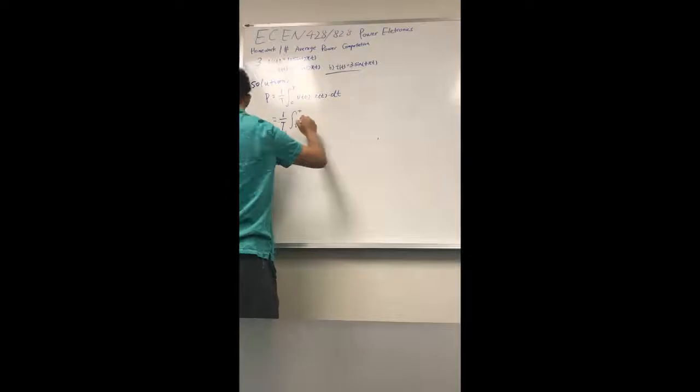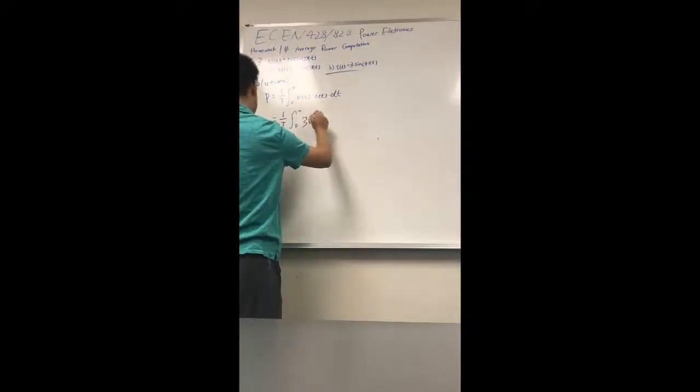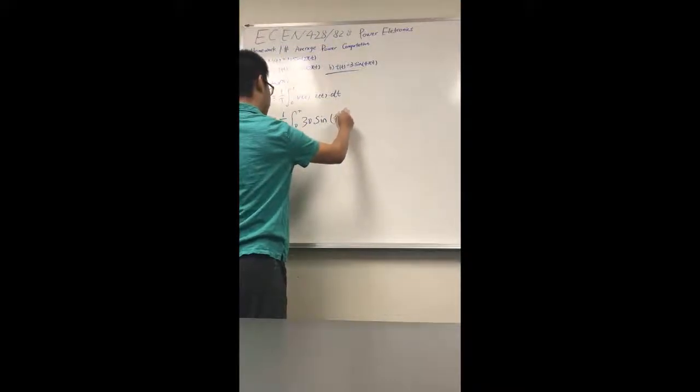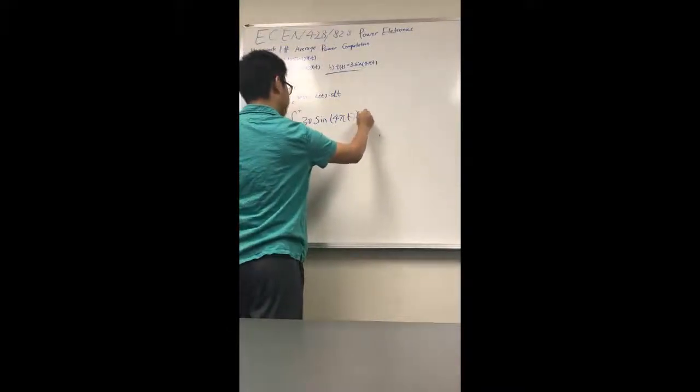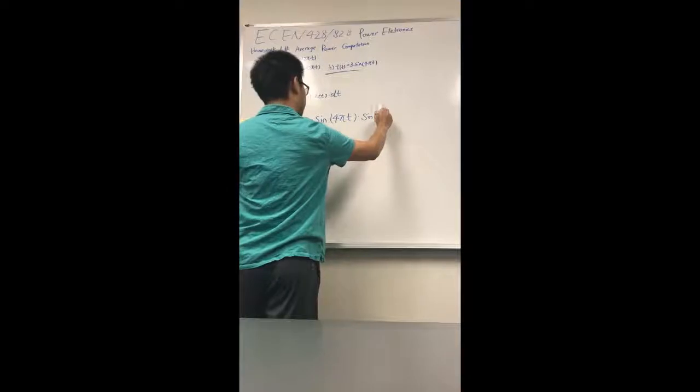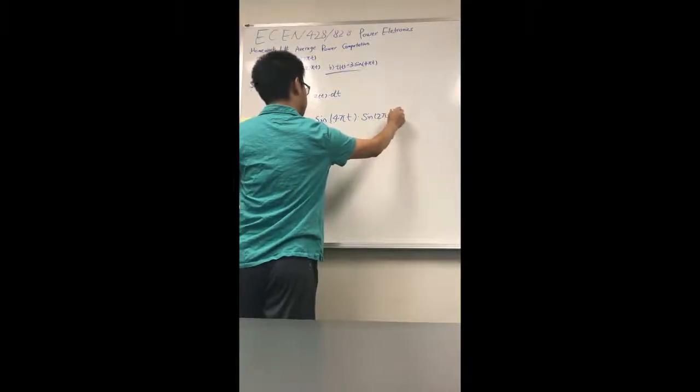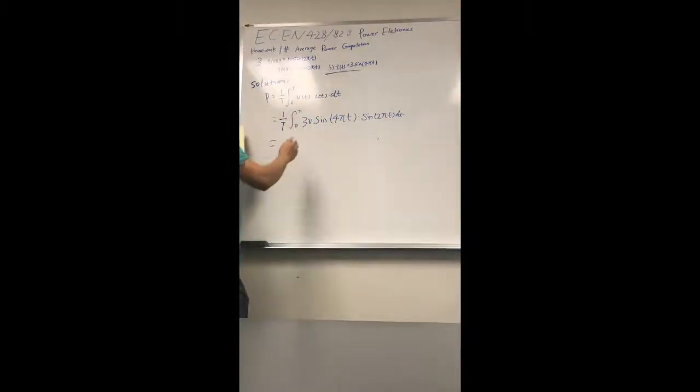So we get 30 times sine 4 pi t times sine 2 pi t dt. This equation can be simplified.